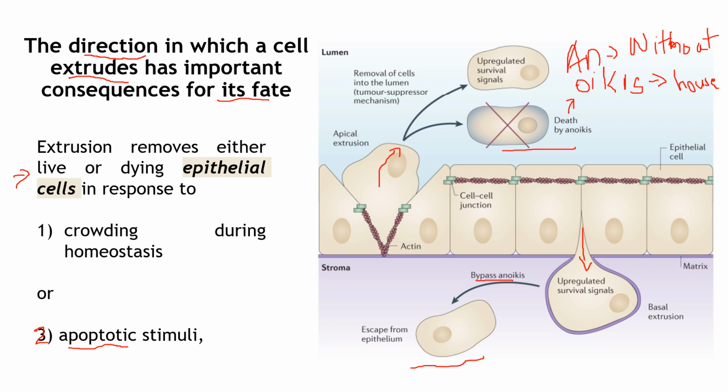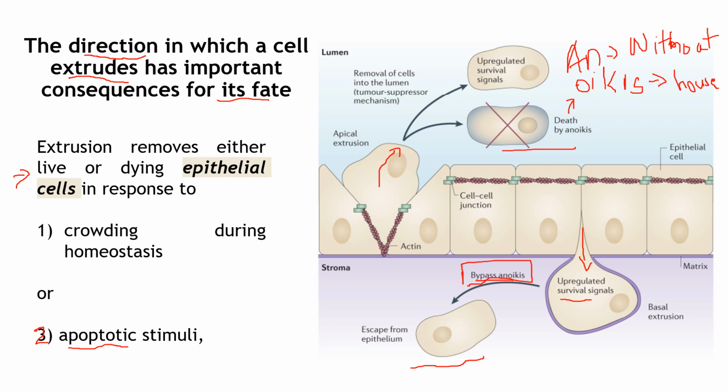Here, what is happening is that they are first removed, and then this leads to the process of apoptosis, but it's a slightly different way of apoptosis. Okay, so this is very weird work, and here is what they are talking about, that they are able to bypass. They are no longer in the epithelium. They should be dying, but as there are survival signals in the stroma, they are able to survive.